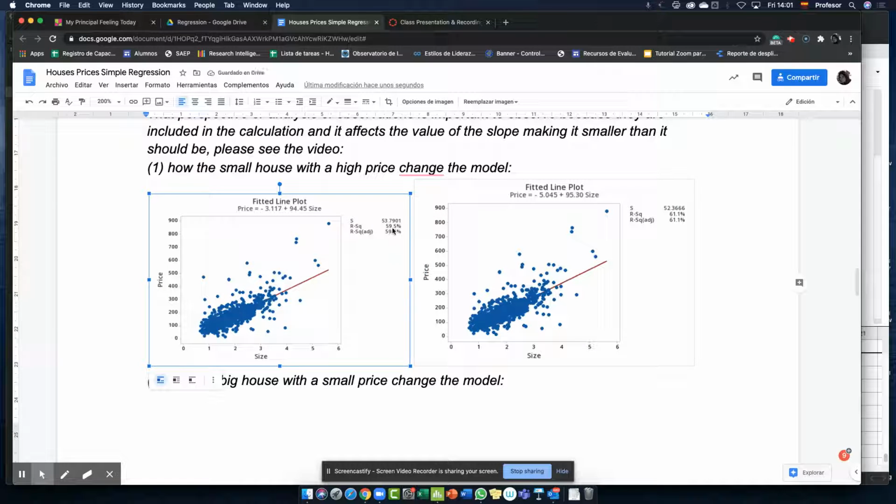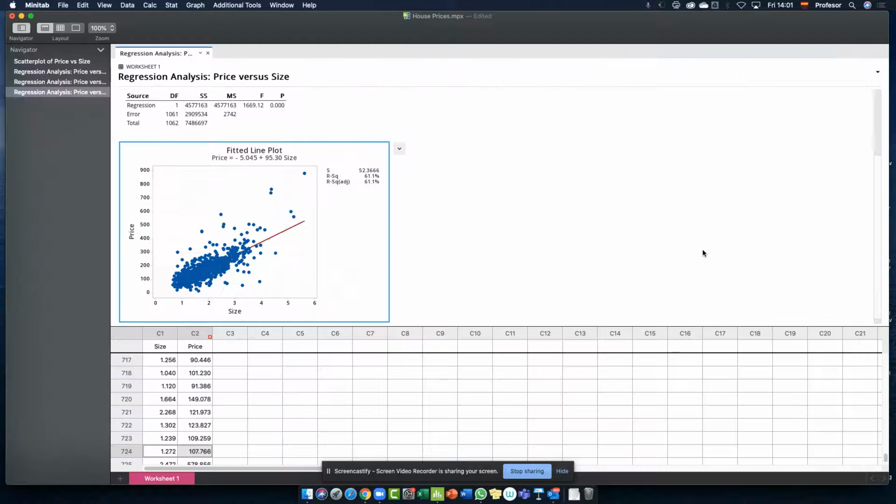We increased from 59.5% all the way to 61.9%. So it's almost 2% of increment, 1.6% just by one observation out of how many that we had? 1,063. So that's the effect of a single point.